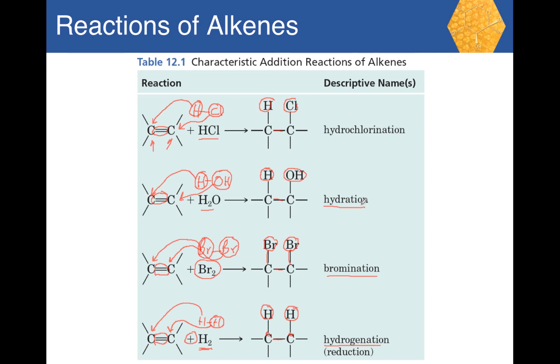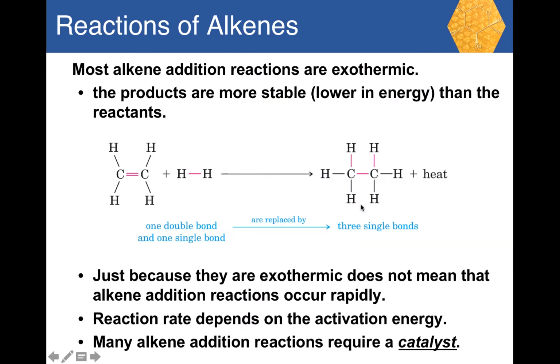So let us look at a specific reaction now. The first one that we look at is hydrogenation. So here's a molecule, ethene, 2 carbons, 1, 2, and hydrogens bonded to both carbons of the ethene molecule.